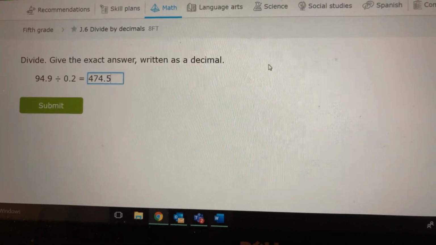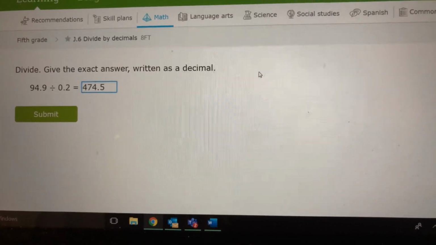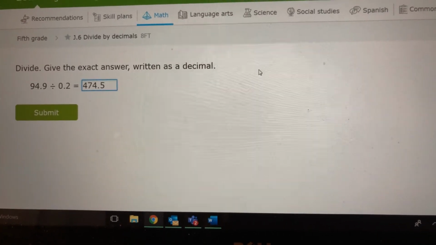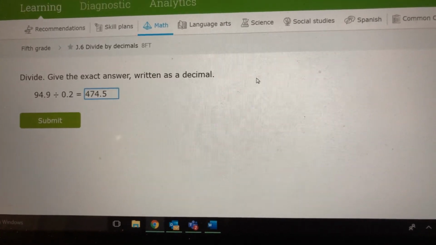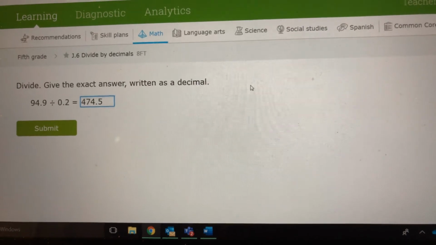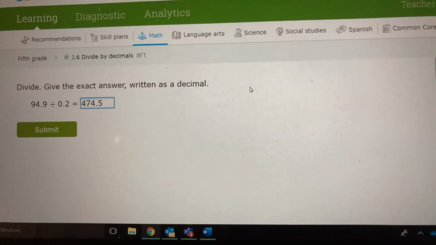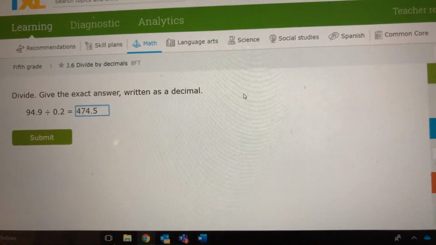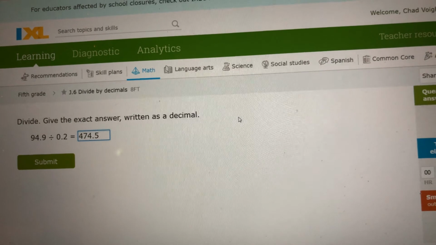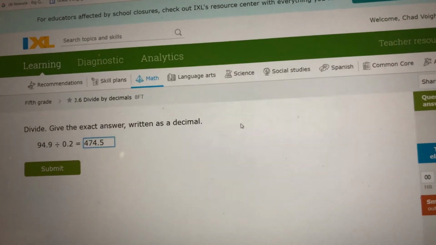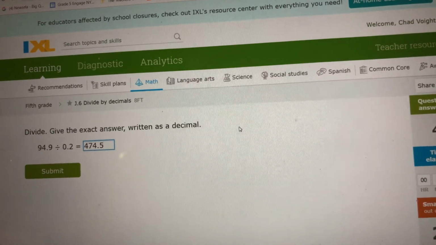And just as a general understanding, if you have a piece of paper, that would be 1, and you divided it by 3, you would split it into 3 parts. So now you have 3 pieces of paper. So the number actually gets bigger, not smaller. Okay?